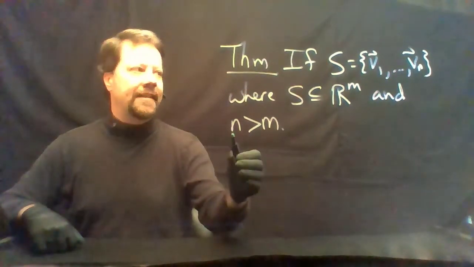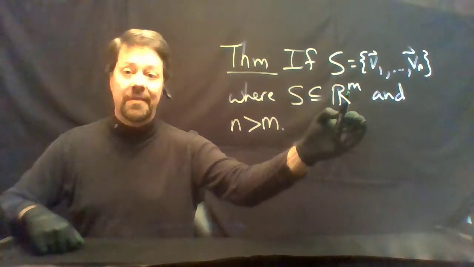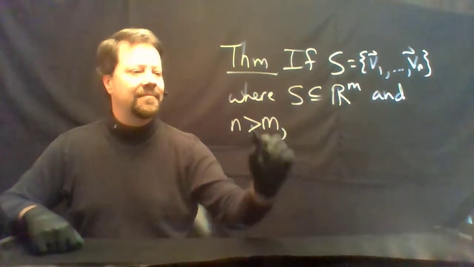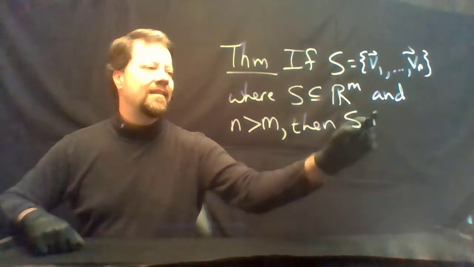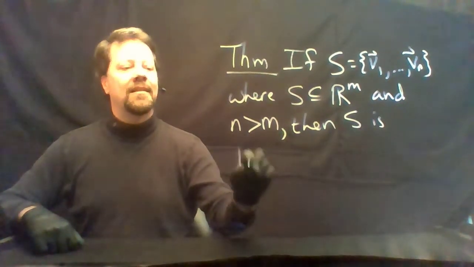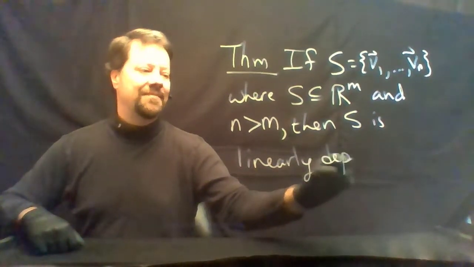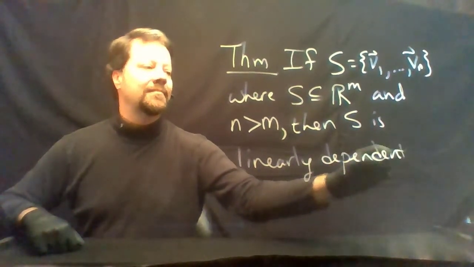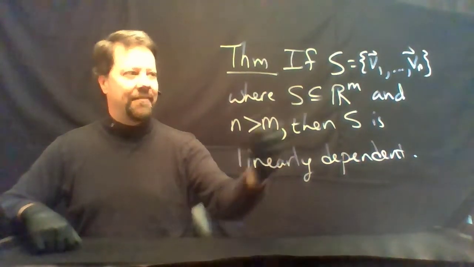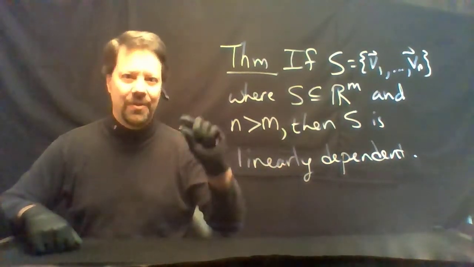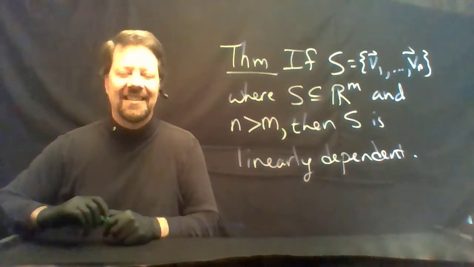So the number of vectors that you have is larger than the dimension of the vector space that you are in. Then S is linearly dependent. It has to be. You have too many vectors in too small a vector space to have linear independence.